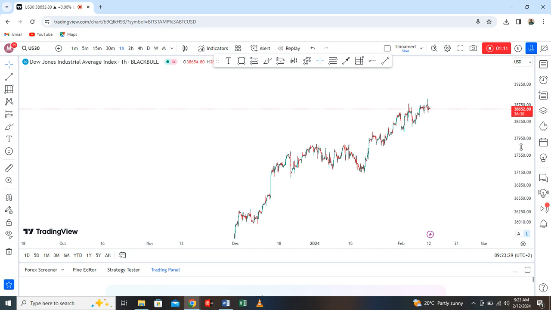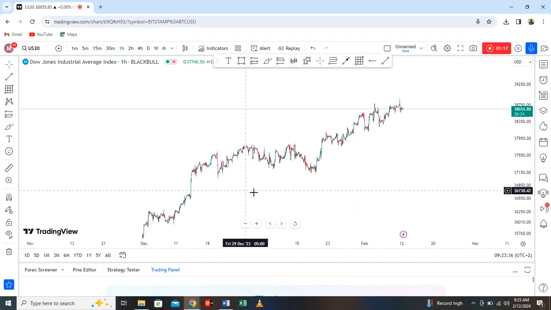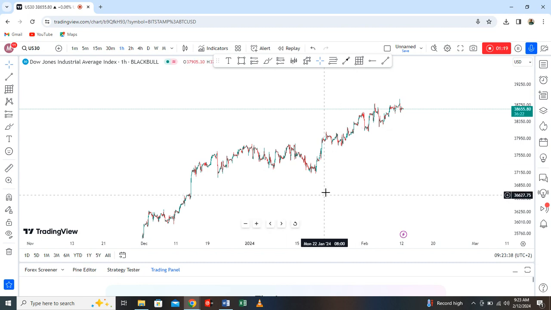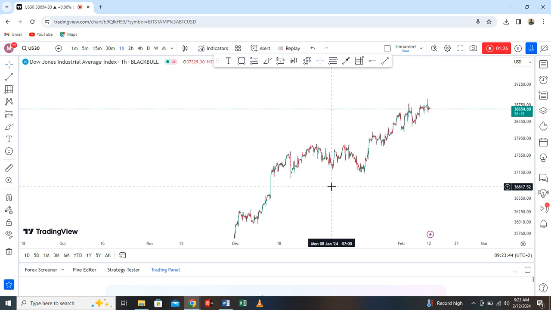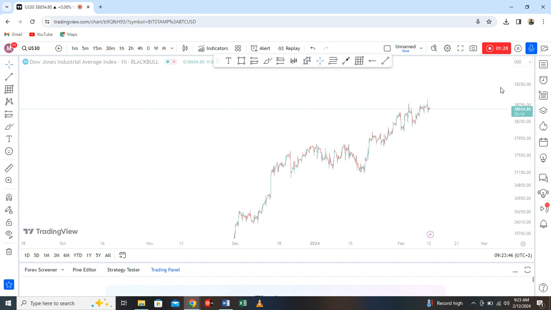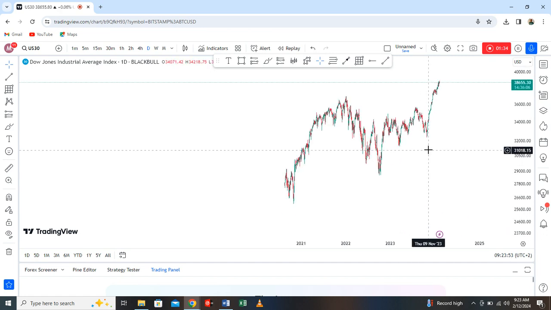So US30, this is what I think about it. If we look at what was happening in the past, US30 has forever been moving to the upside, so it's good for us to look for buy positions.